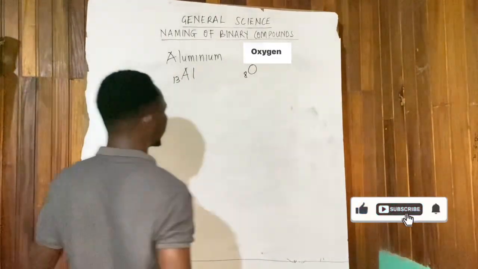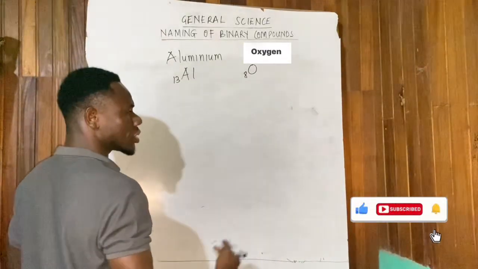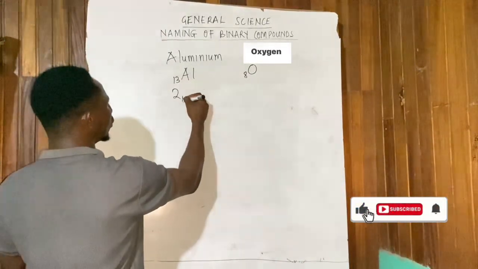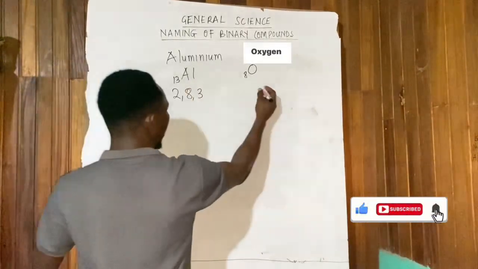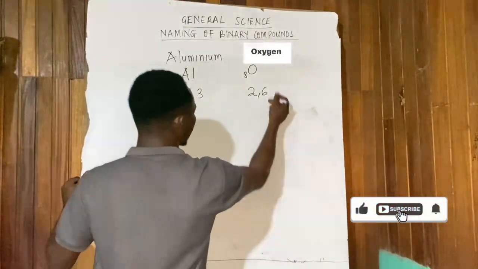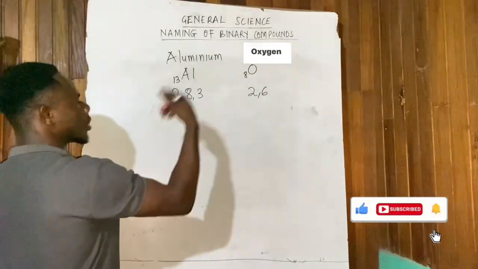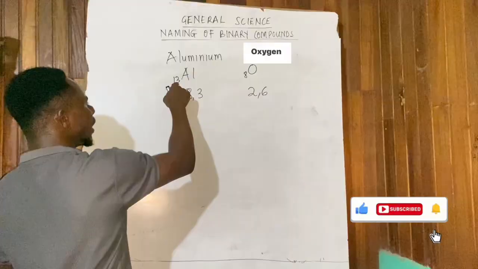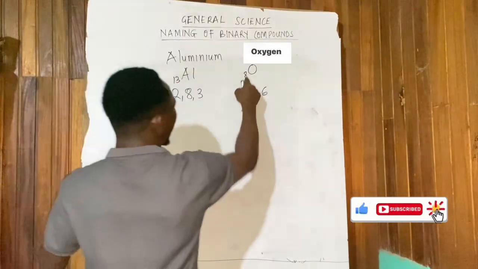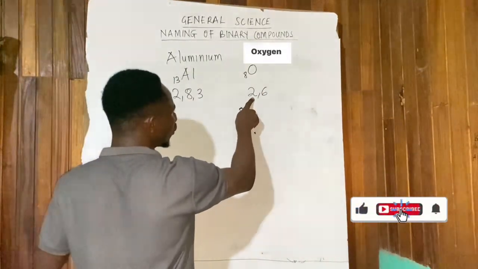Oxygen, 8. Electronic configuration for aluminium 2, 8, 3. Oxygen 2, 6. First shell takes 2. Second shell takes 8. How many more is needed to obtain 8? That is 3. Oxygen, first shell takes 2.